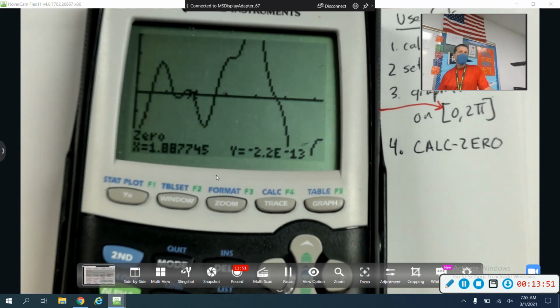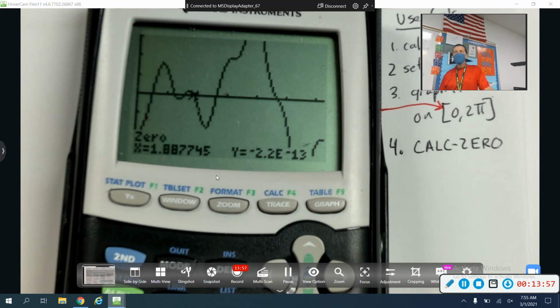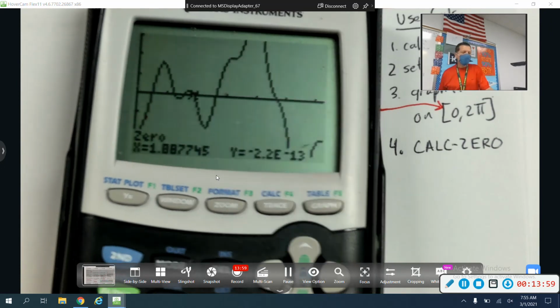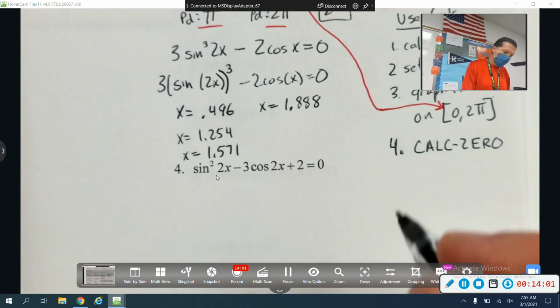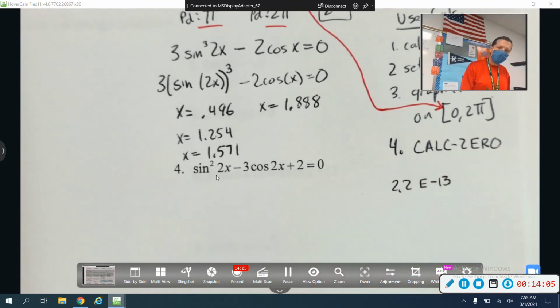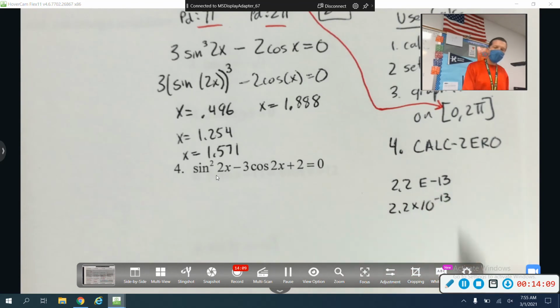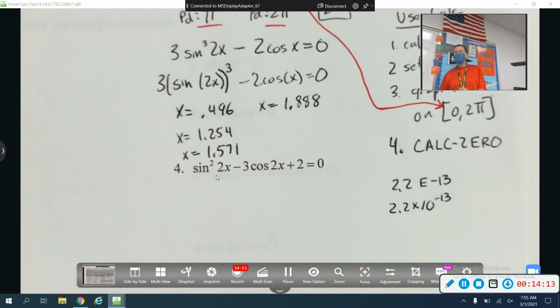Do you remember what e negative 13 means? It's scientific notation. 2.2 e negative 13 is the same thing as 2.2 times 10 to the negative 13. So what is that if we wrote it out as a decimal?